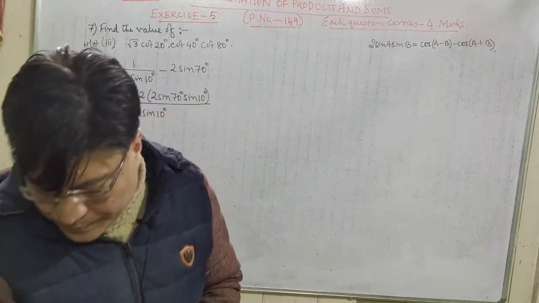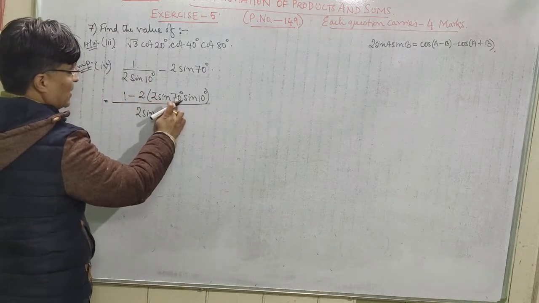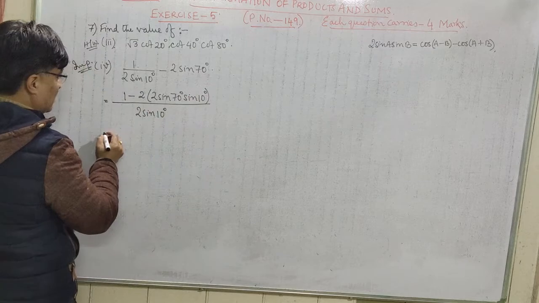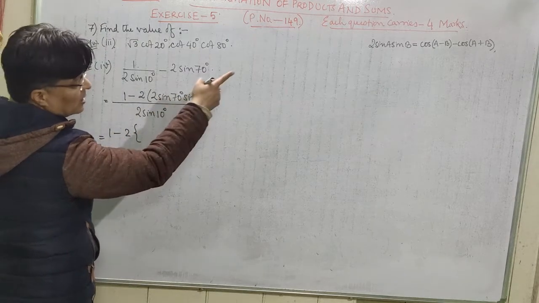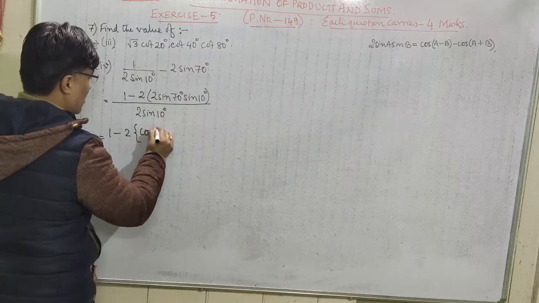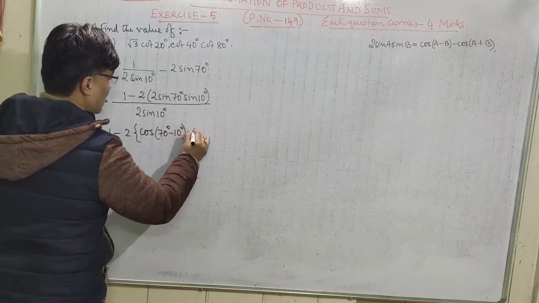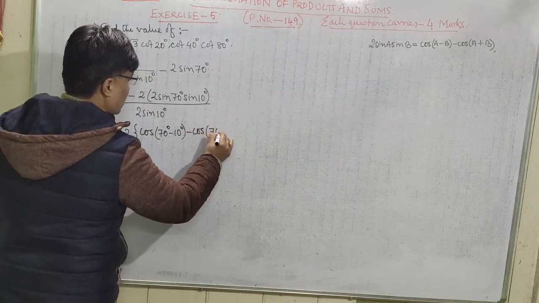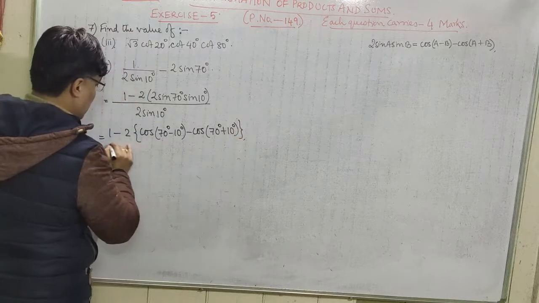So now let us use the formula in this case. 70 is A and 10 is B. 1 minus 2 within second bracket, 2 sin A sin B. What is the formula? Cos of A minus B minus cos of A plus B.